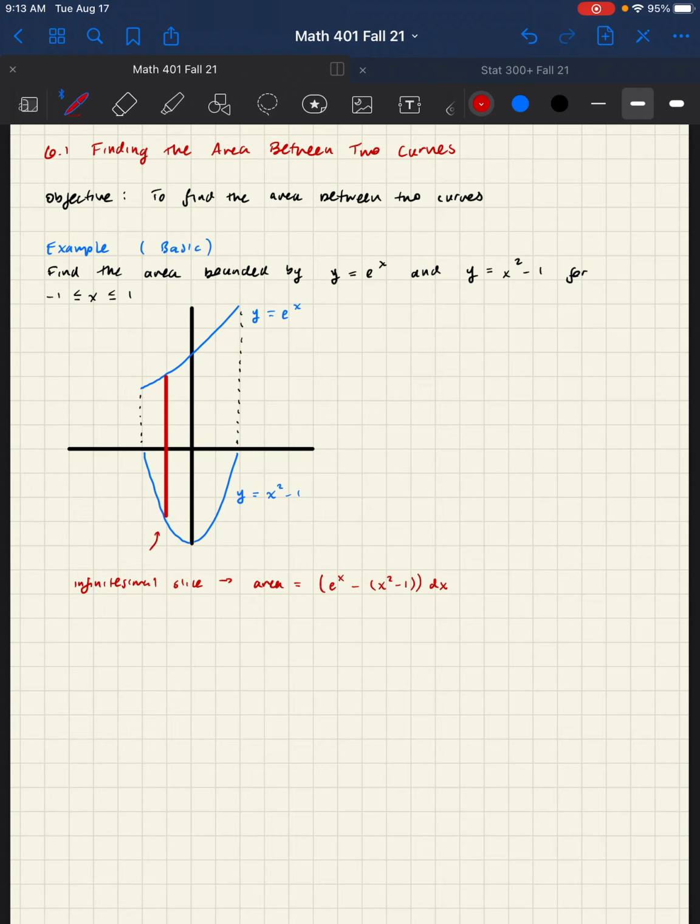Okay, and when we integrate this, ranging from -1 to 1, we're going to get the full integral. Okay, so our work begins here.